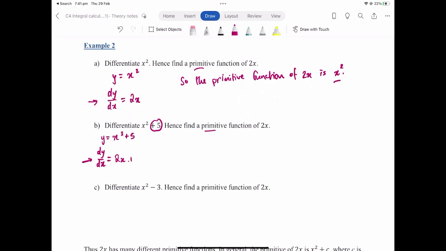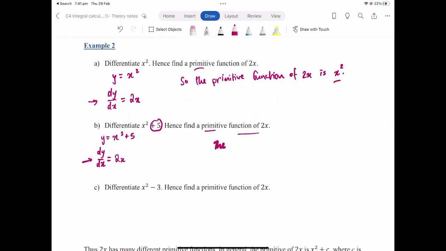And that constant term we're just going to call C. So I could potentially have a constant term there. And that just means that when I find the primitive, so this is not for the derivative, mind you, this is just for the primitive.